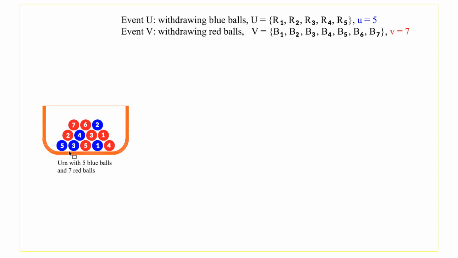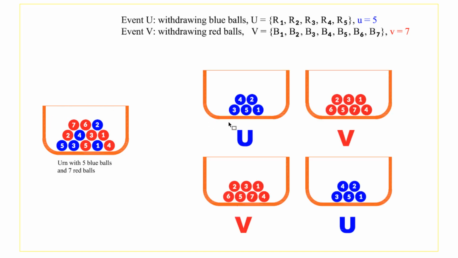So now we are going to separate the red from the blue, and we want to withdraw from U first and V second, or V first and U second. And the reason we do that is because we are not concerned about withdrawing twice red red or twice blue blue, so we want either blue or red and blue.